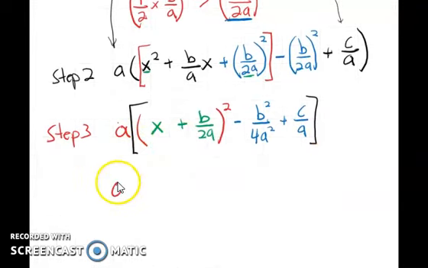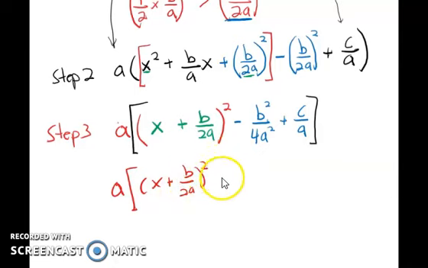So it becomes b squared, and then I multiply by 4a on top and bottom, so it becomes 4ac over 4a squared, and then I put this bracket.